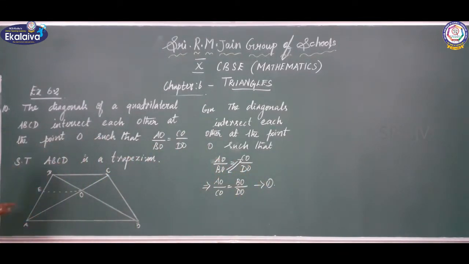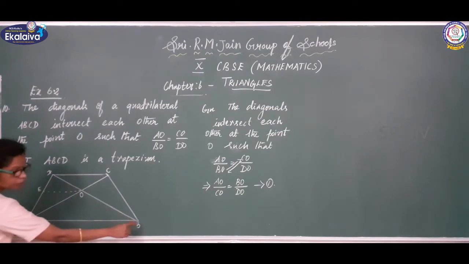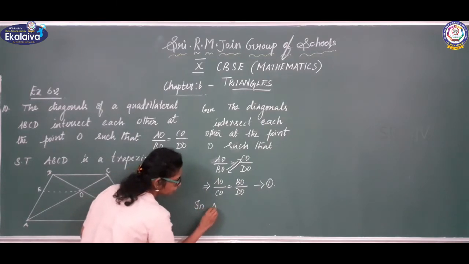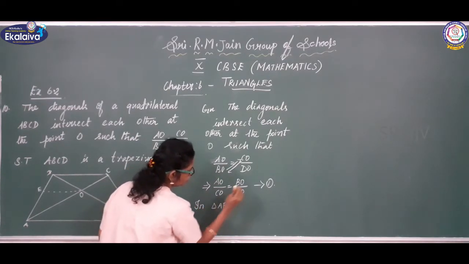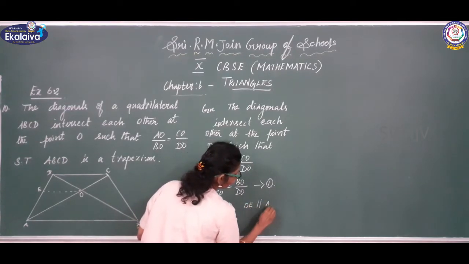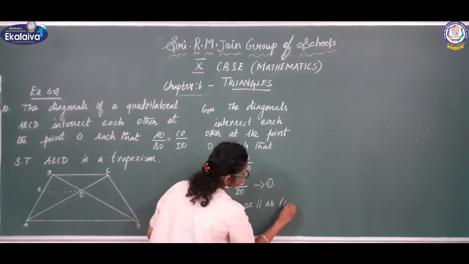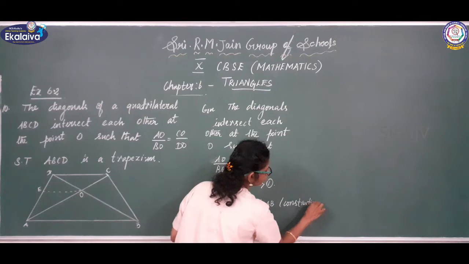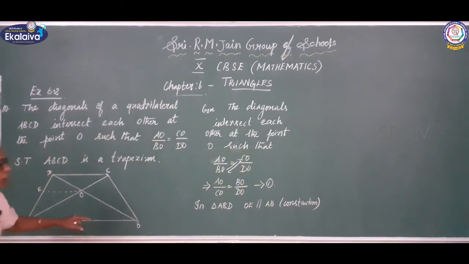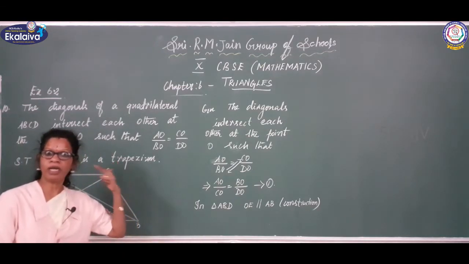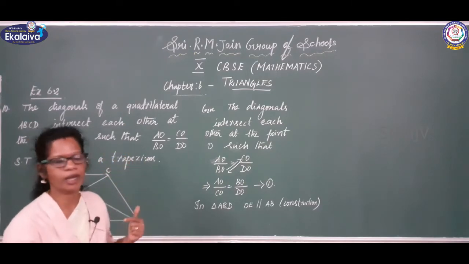Now you see here, in triangle ABD, OE parallel to AB by construction, right? We drew OE parallel to AB. A line parallel to one side of a triangle, immediately you should recall the BPT theorem, right?